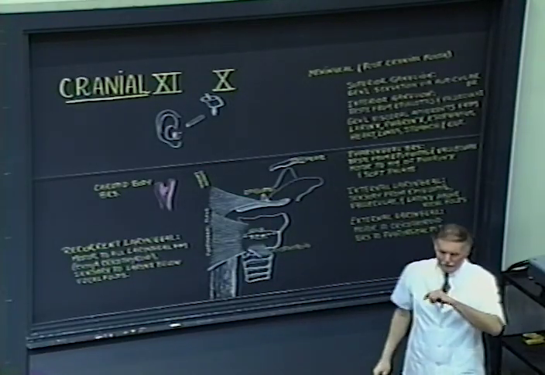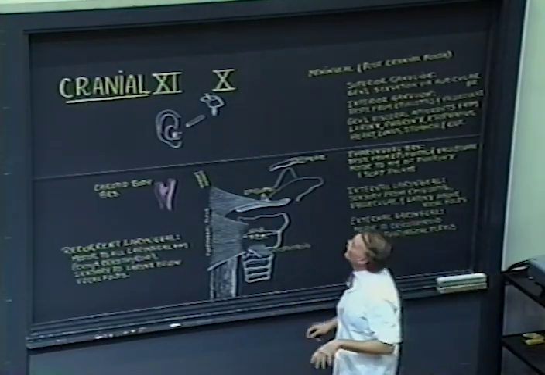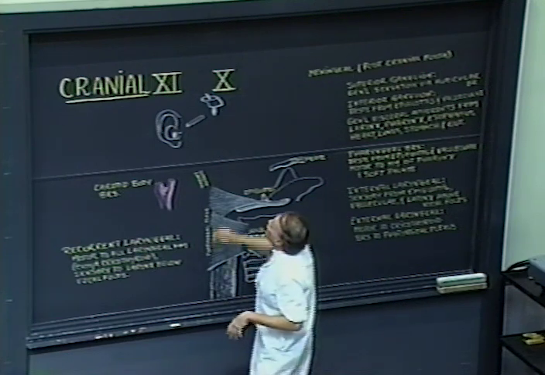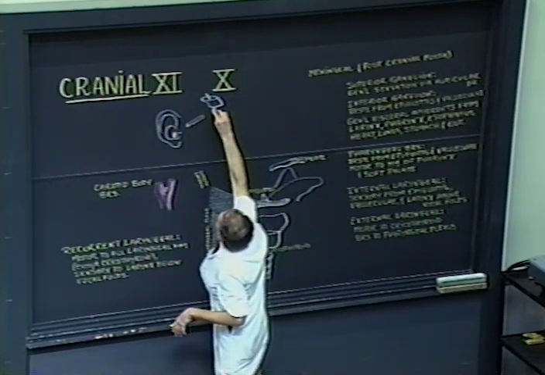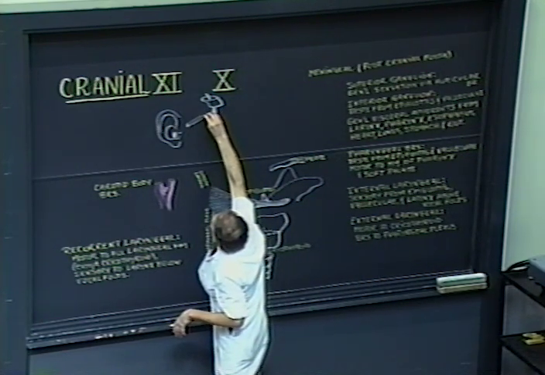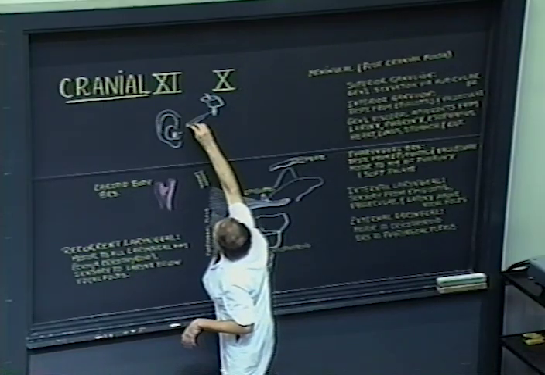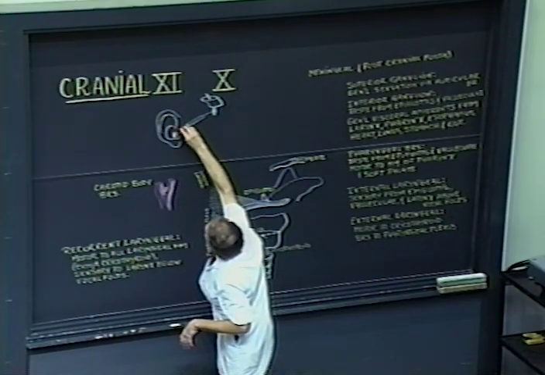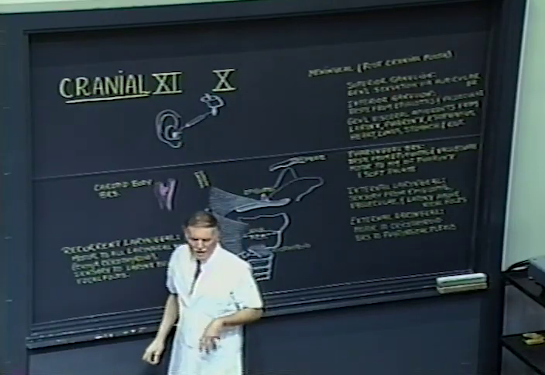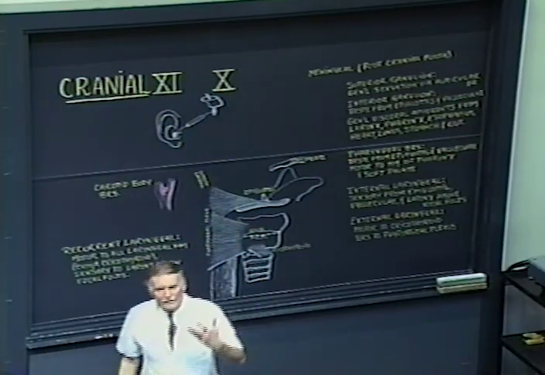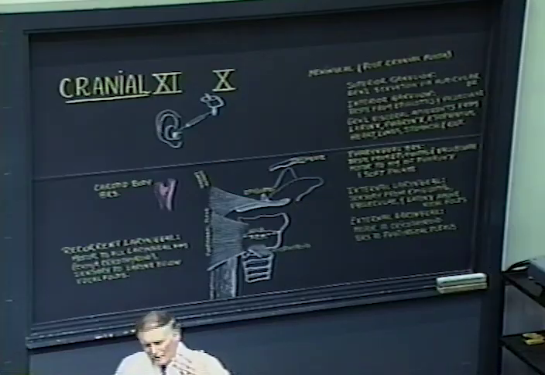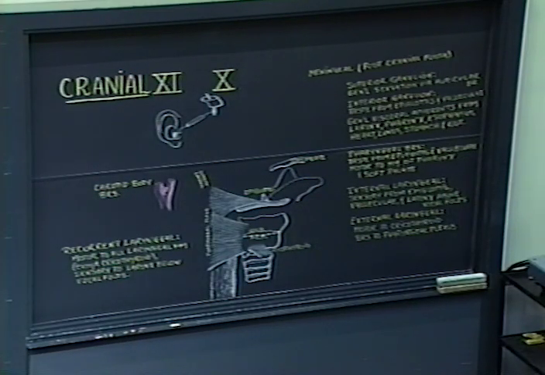But from that tiny superior ganglion, their cells send processes through the anterior tympanic canaliculus, and so some sensory representation is provided by the vagus nerve to the anterior part of the external auditory meatus and the external surface of the tympanic membrane.